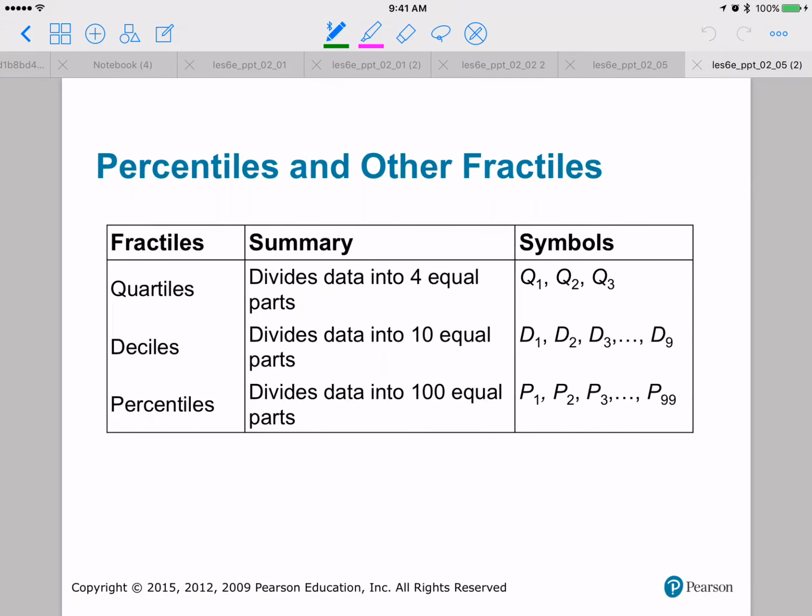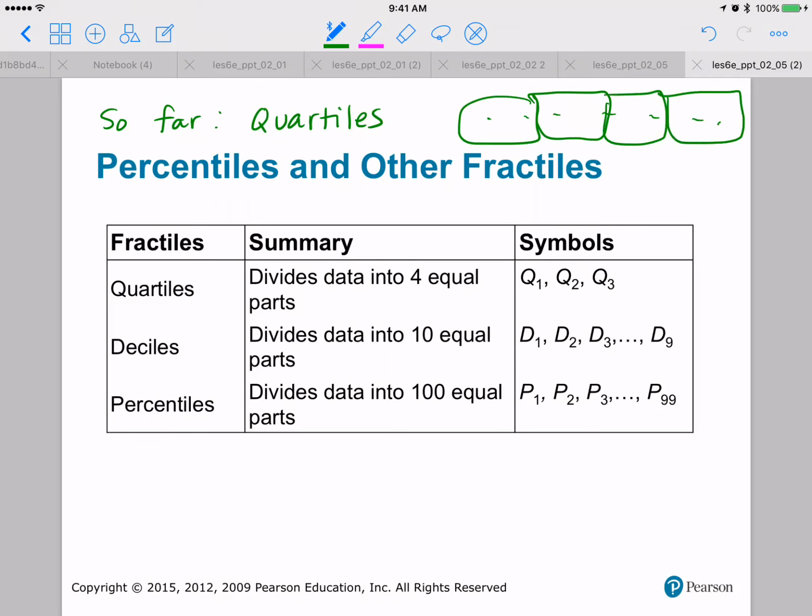All right. So now let's talk about percentiles and other fractiles. So far, we've been looking at quartiles, which is essentially taking your data, arranging it first, and then splitting it up into groups of 4, right?